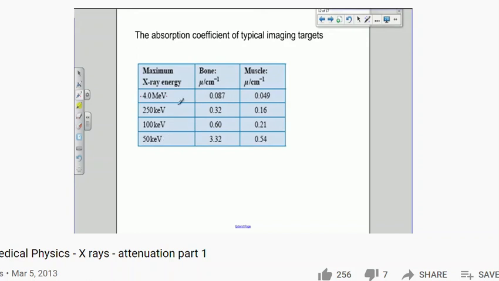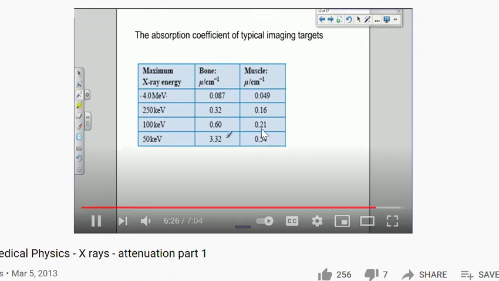And you can see that as the X-ray energies go down, the absorption coefficients for bone and for muscle both increase. Bone and muscle are better at absorbing X-rays, i.e. they absorb low energy X-rays much better than they do high energy X-rays.